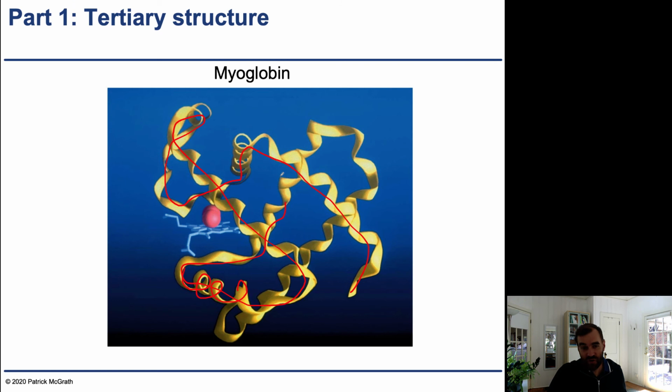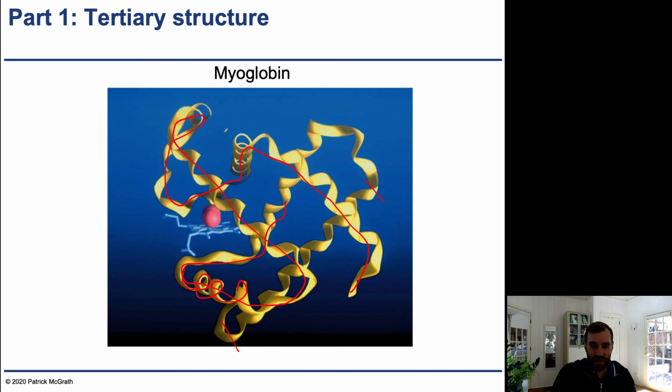It doesn't have any beta sheets within it, and you can break down the protein into where all of the alpha helices are, but in order to truly understand the shape, you need to know exactly how all these different alpha helices are positioned within it. So you start with the sequence of myoglobin, then you identify all the alpha helices, and then you understand exactly how they're positioned in 3D space to get to the tertiary structure.